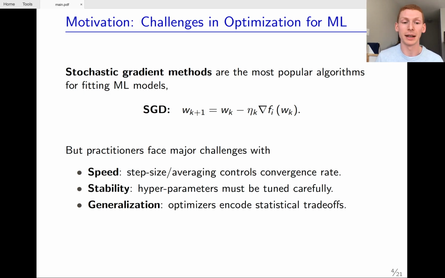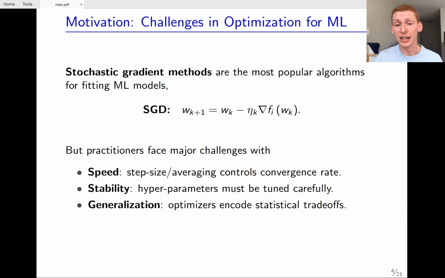From a stability perspective, anyone who's tried to fit a large neural network using SGD knows that the step size hyperparameter needs to be carefully tuned to avoid diverging while also achieving as fast a convergence rate as possible. Finally, this issue of generalization. As a community, we're starting to understand that our choice of optimizer for overparameterized problems actually also encodes a choice of solution.